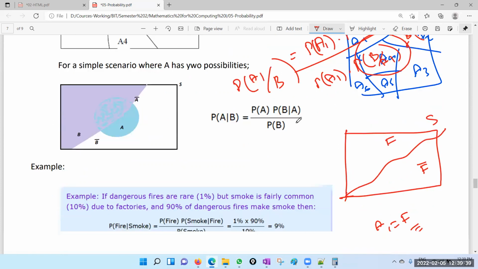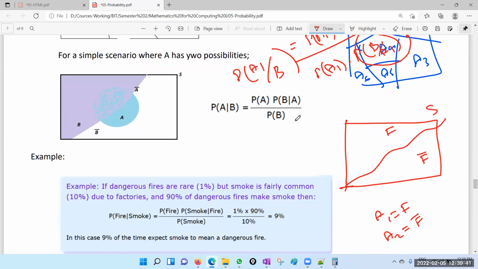Now the second concept is smoke. Let's take it as something like this. This is smoke, inside the circle. Outside the smoke circle, there is no smoke. Now the probability of having fire is 1%, 1 over 100.